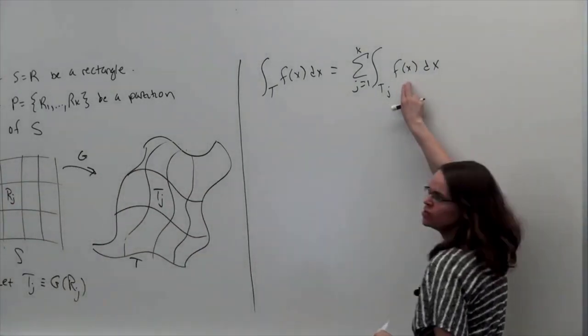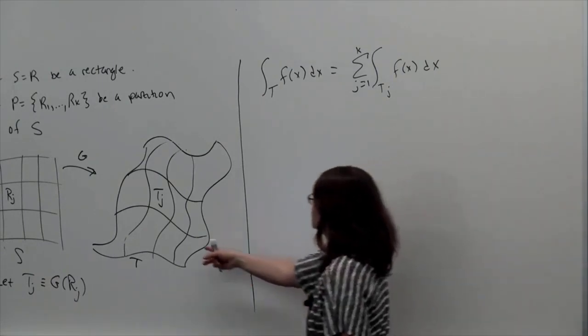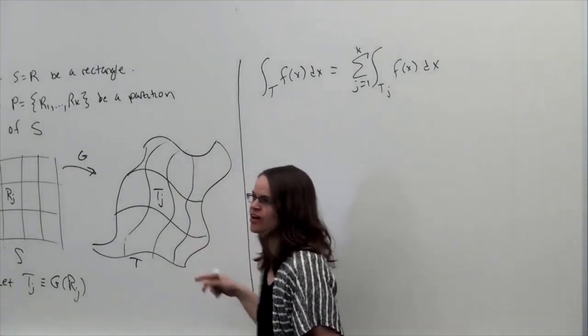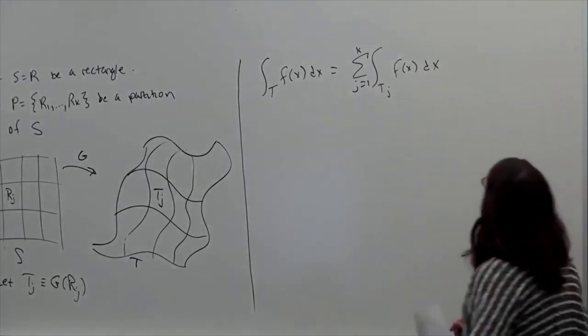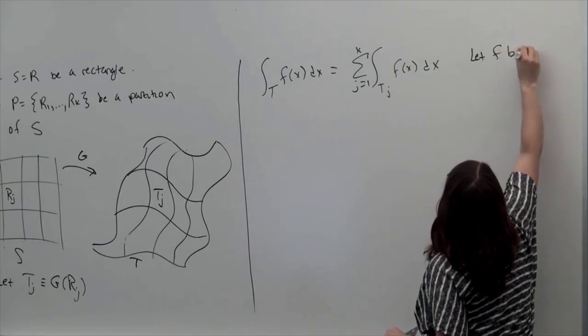This is not a constant, but let's make another reasonable assumption. Let's suppose we're working with a continuous function. If I'm working with a discontinuous function that has a discontinuity in here, this is going to be hard to start estimating what's going on. So let's work with a function that we know we're in business with. Let's suppose that f is continuous.